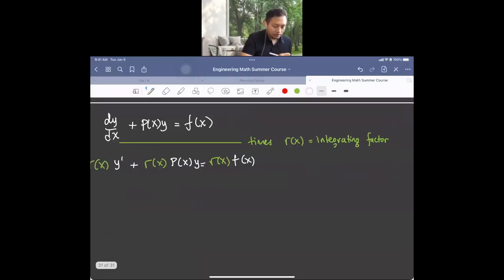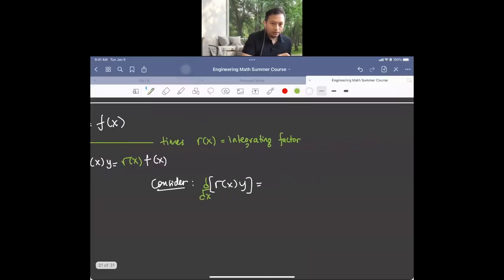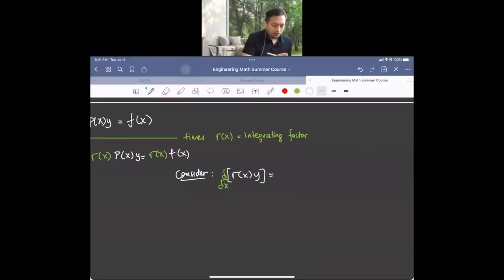And then consider that if we take the derivative of r(x) y, this will give r(x) y prime plus r prime(x) y.